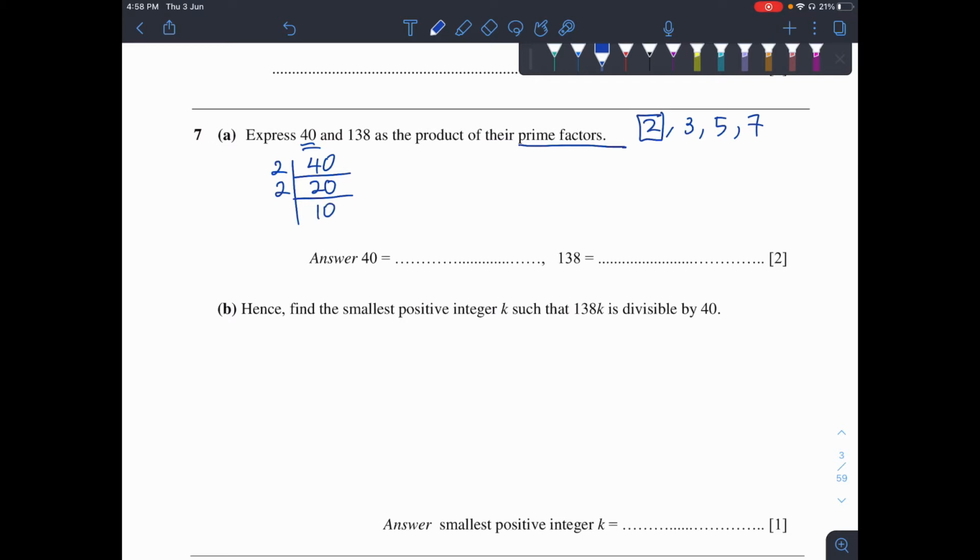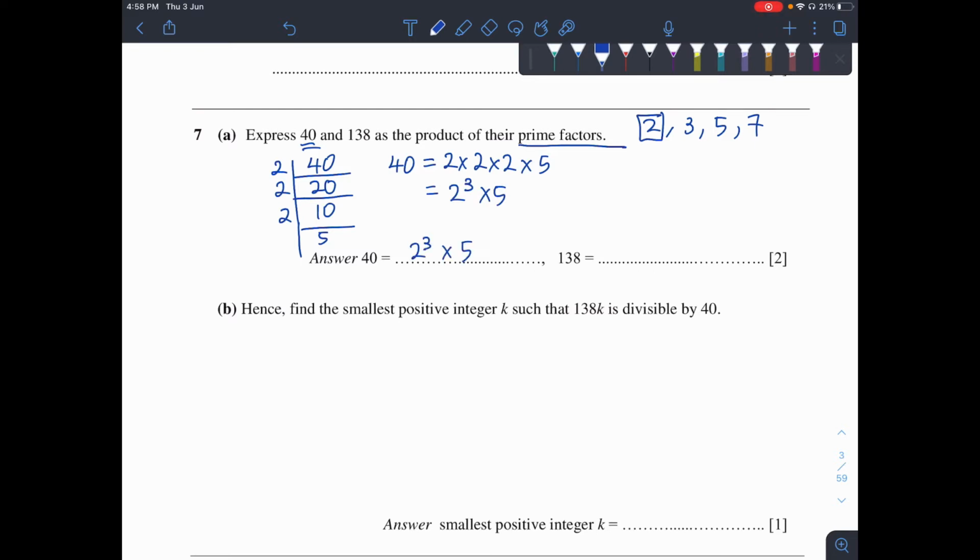And for 10, it can also be divided by 2 to give you 5, okay. And we know that 5 is a prime number, so we stop there. And so 40 would actually be the same as 2 times 2 times 2 times 5, which is the same as 2 to the power of 3 times 5. So that would be the answer for 40.